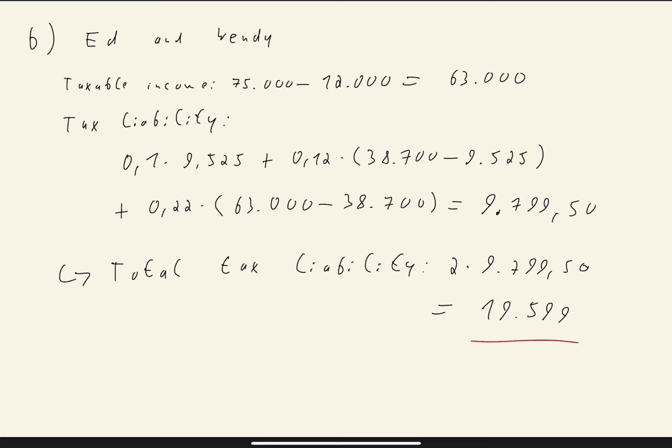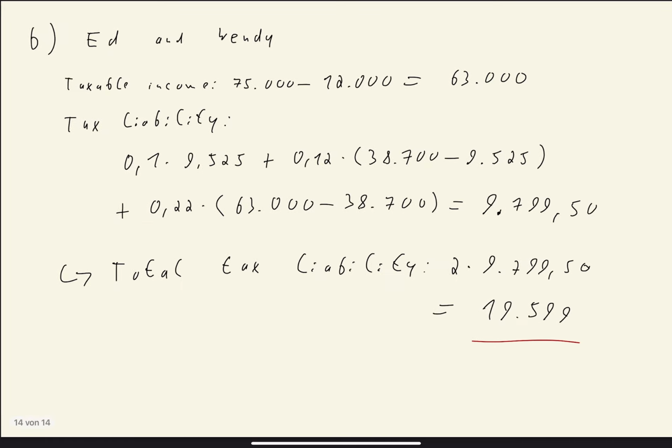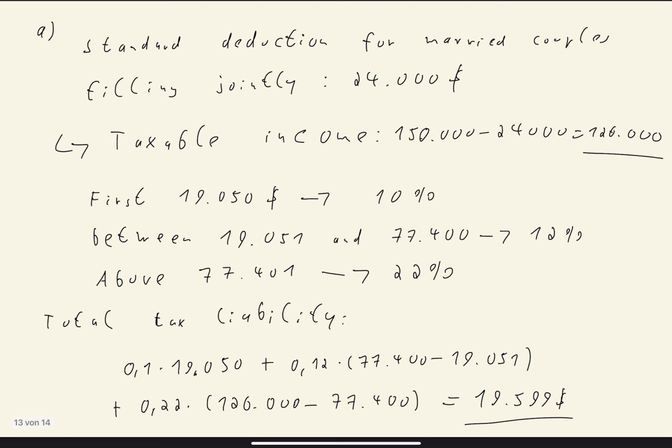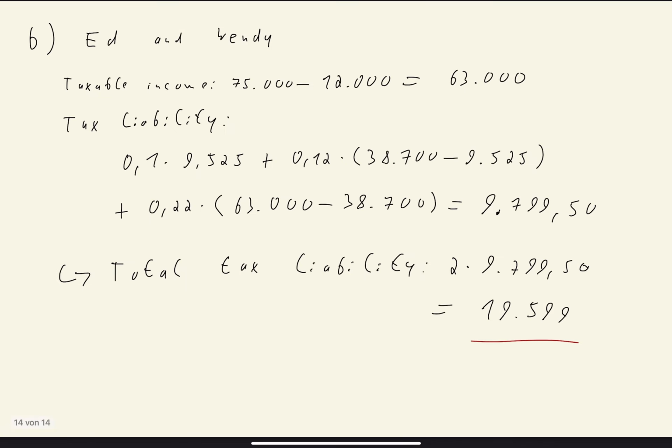And if you compare this with the total tax liability they had when we considered them as a married couple, it was also 19,599. Therefore, when both of them are earning the same amount of income, there is no benefit to getting married, at least from a tax point of view. They also do not have any marriage tax which they need to pay. So they do not have a disbenefit of getting married.